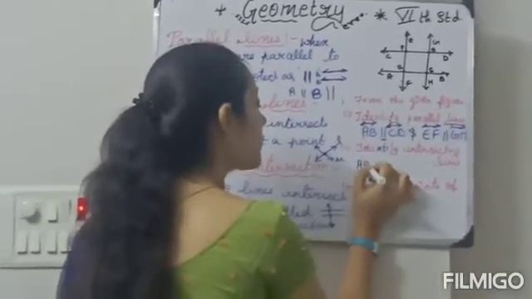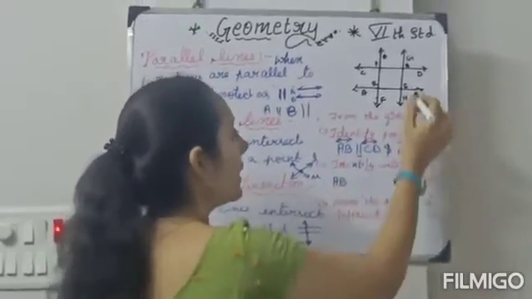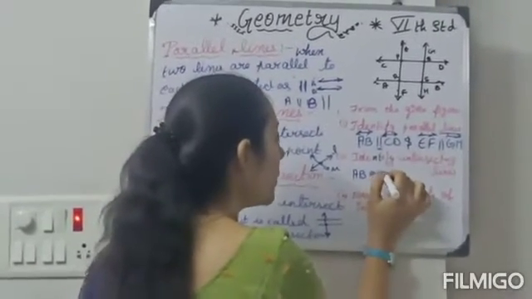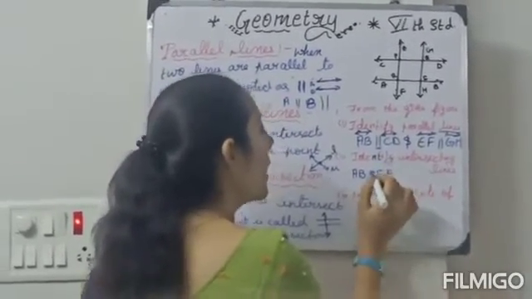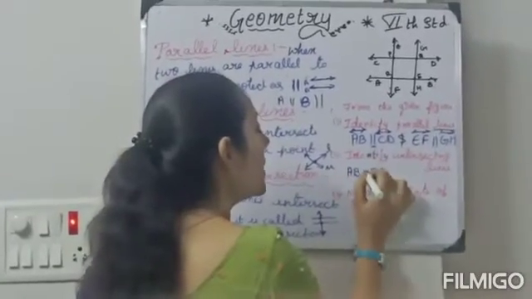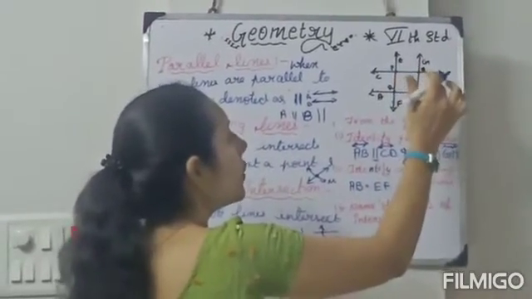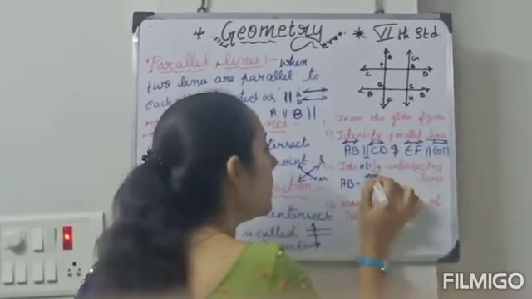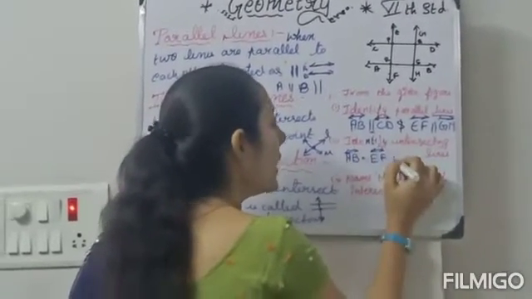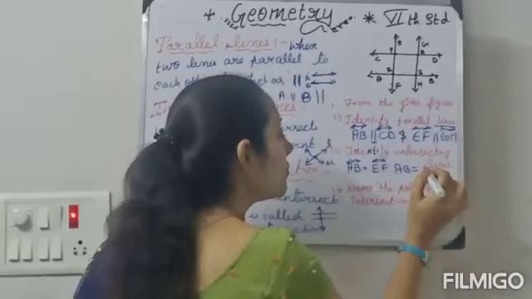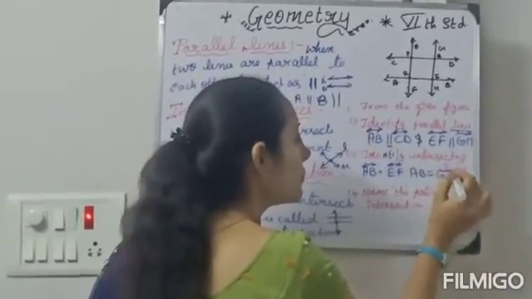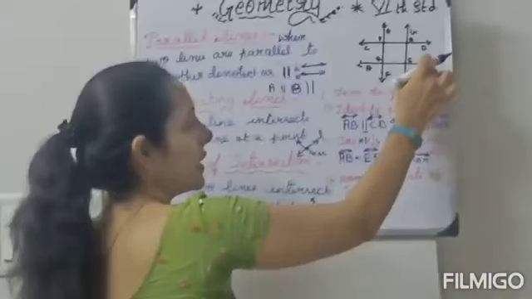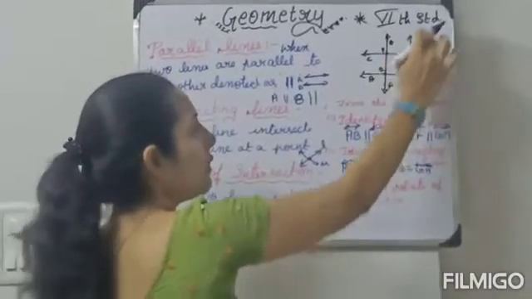AB intersecting. What is AB intersecting? AB is intersecting EF and AB is intersecting GH. So, AB intersecting EF, GH.